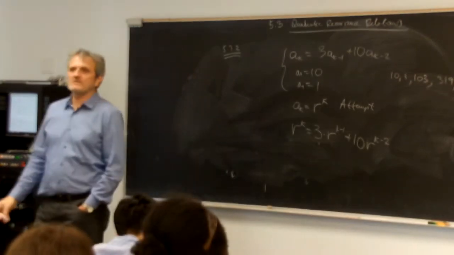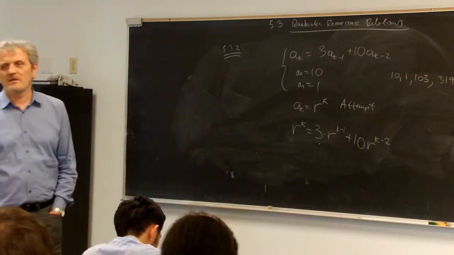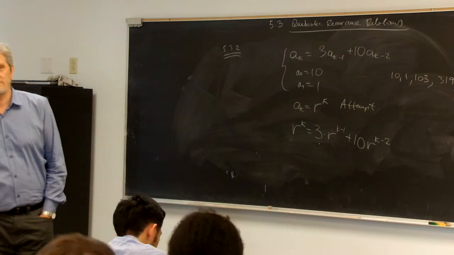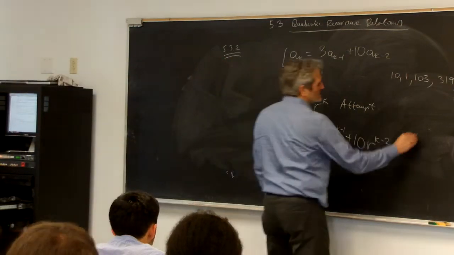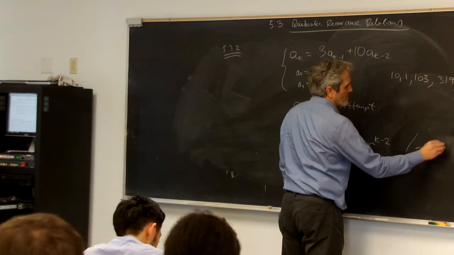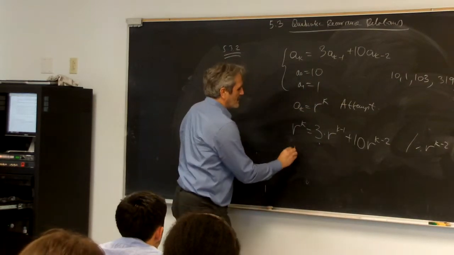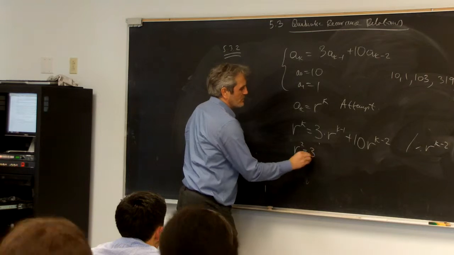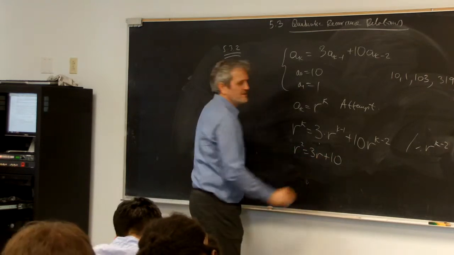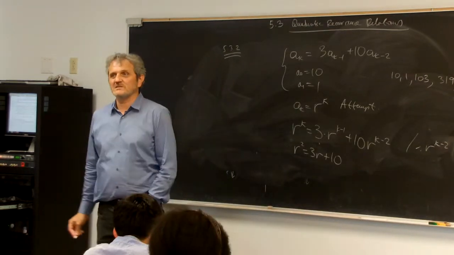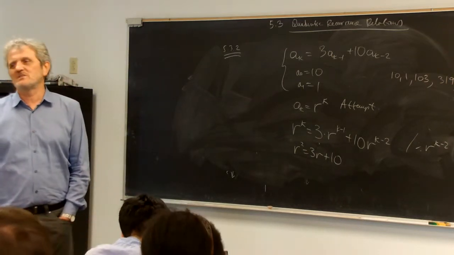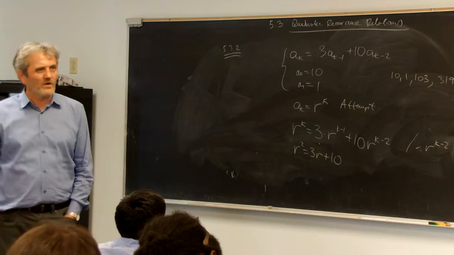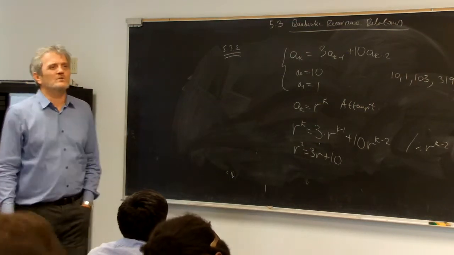So if I want this to be a solution, I have to satisfy this. But what happens? I can cancel by r^(k-2), and I get the following: r^2 = 3r + 10. We will not always do this; we'll just immediately write this equation. This is called the characteristic equation. This equation is quadratic. When you solve it, it will tell you which r's will work.